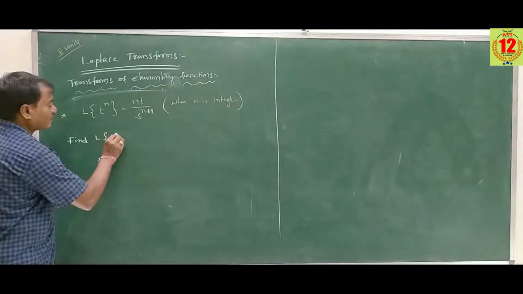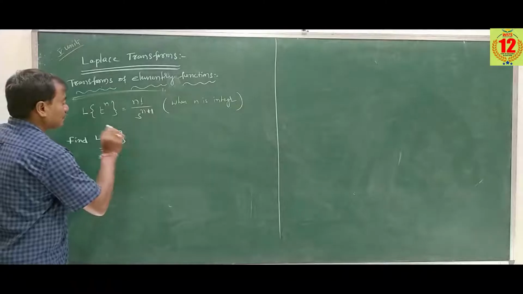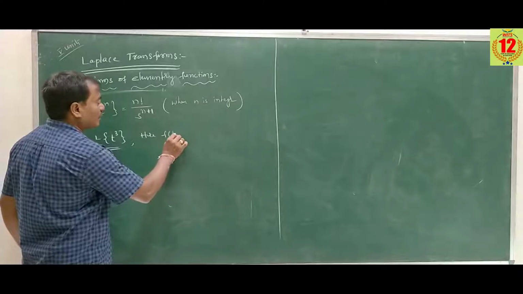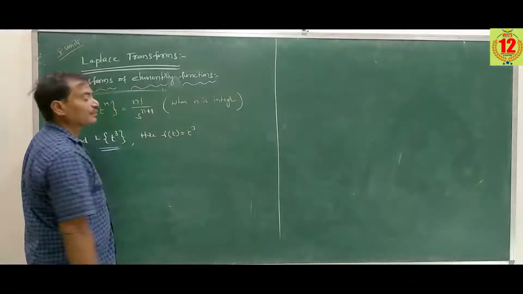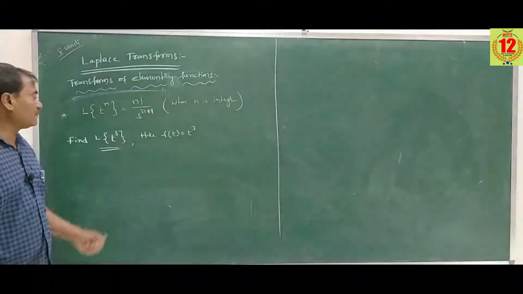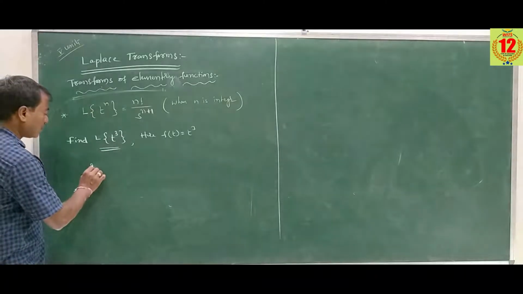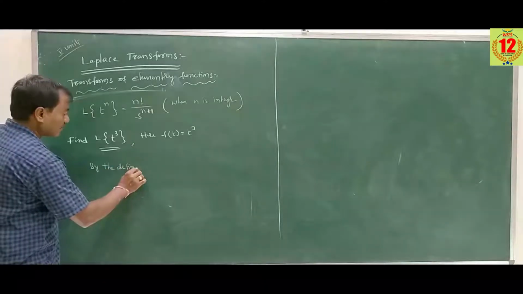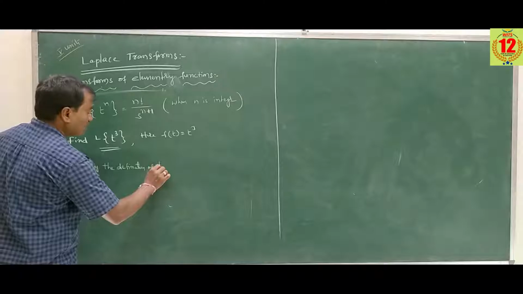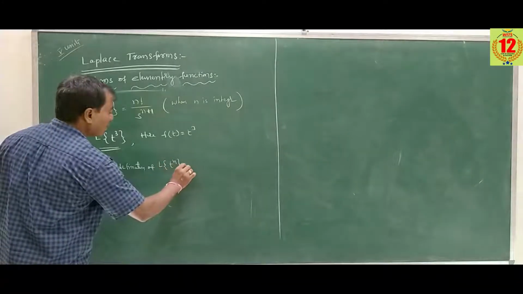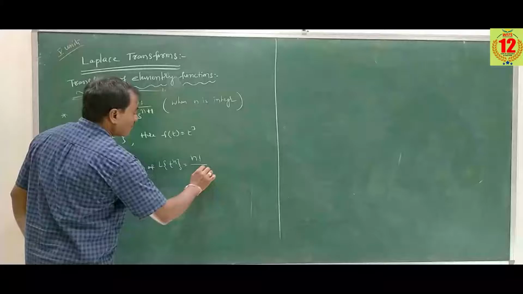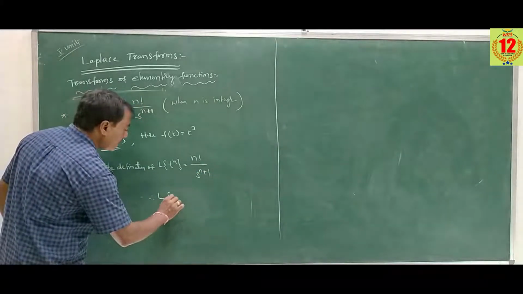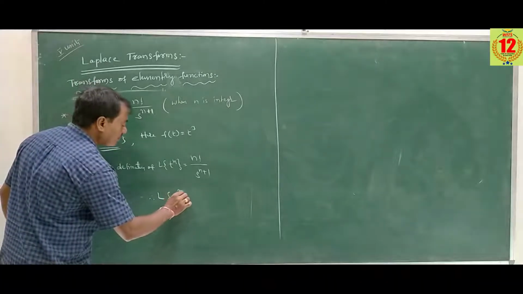Here the problem is to find the Laplace transform of t power 3. Here f of t equal to t cube. We have to find the Laplace transform of t cube. By the definition, Laplace transform of t to the power of n equal to n factorial by s power n plus 1. Therefore, Laplace transform of t power 3.